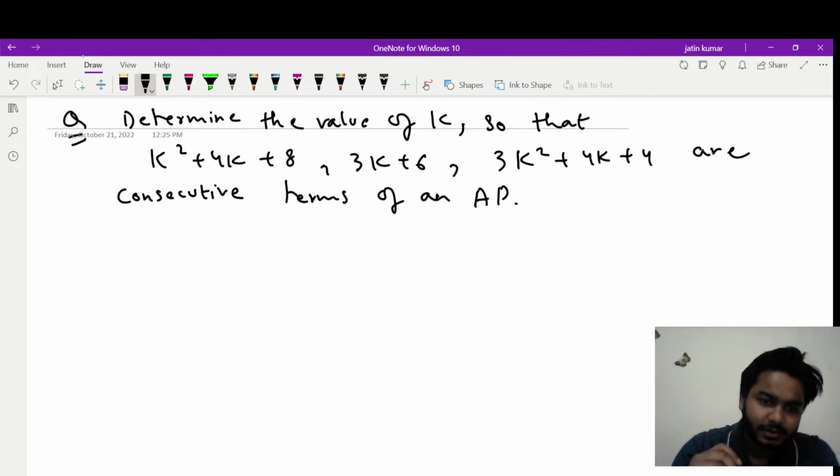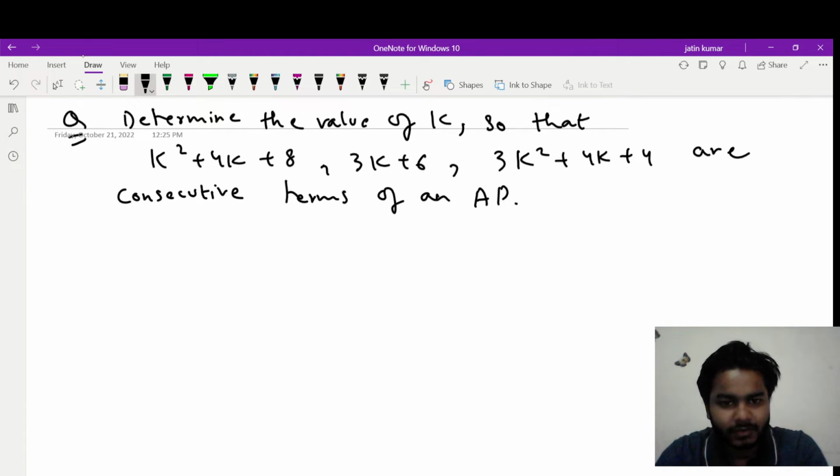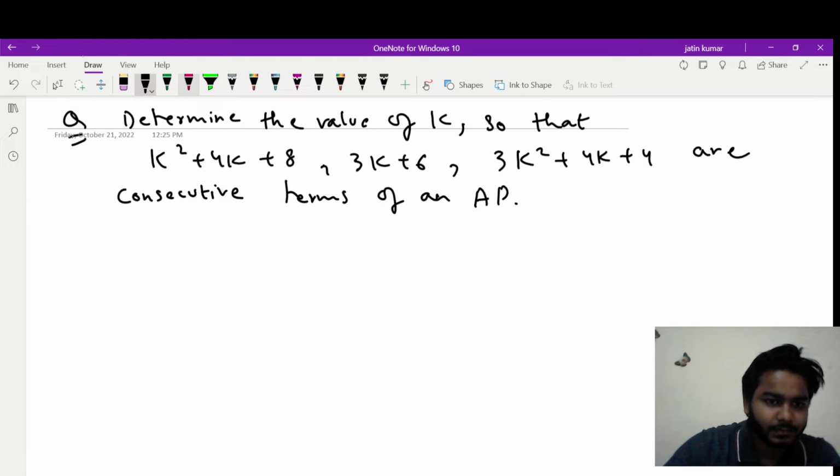This is an important question. Now in this question, you are given the first 3 terms of an AP, and you just have to apply the average concept. Now, solution.